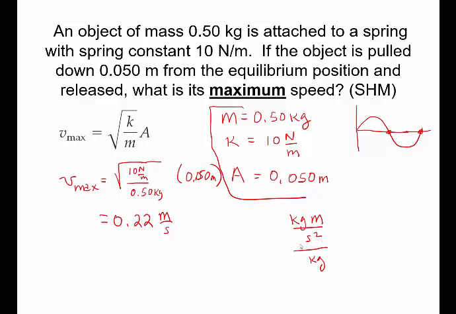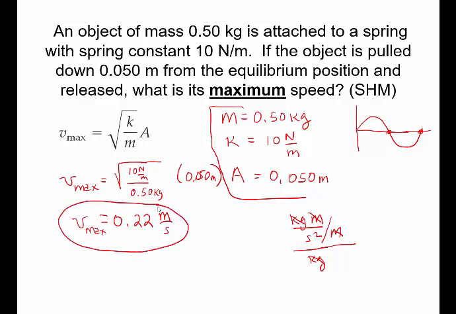So meters cancel, kilograms cancel. I have 1 over seconds squared, and then I'm taking the square root, so that's 1 over seconds, and then I'm multiplying by meters. So I end up with meters per second. It's always good to do that kind of unit check to make sure everything's okay.